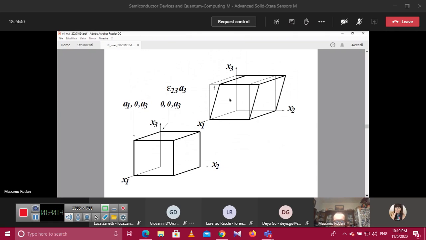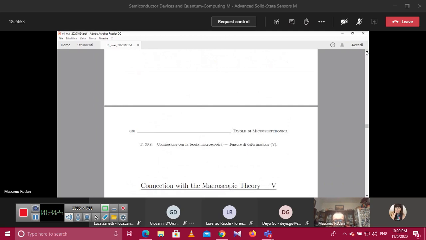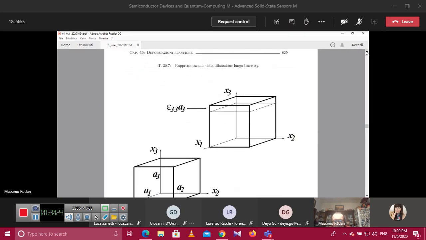This is a different type of deformation with respect to the previous one, okay? Because in the previous one, all the planes will go up symmetrically, okay? Because we are pulling normal to the face.